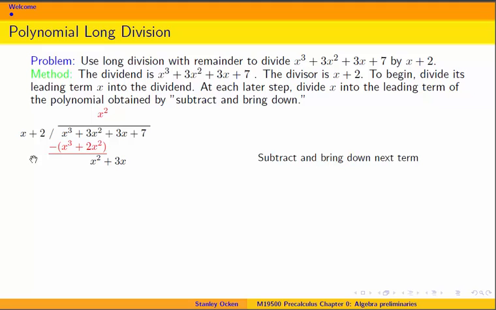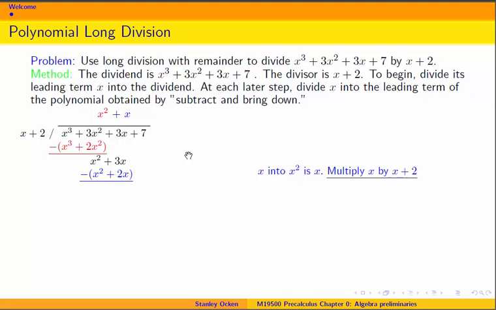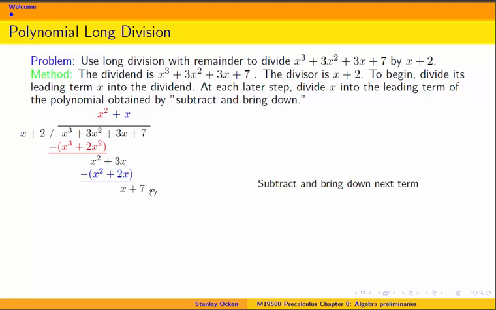And we keep going. X, the high power in the divisor, goes into x squared. How many times? X times. Multiply the x you get by x plus 2 to see if you're actually coming up with a dividend. Doesn't quite work because when you subtract, you get x plus 7.